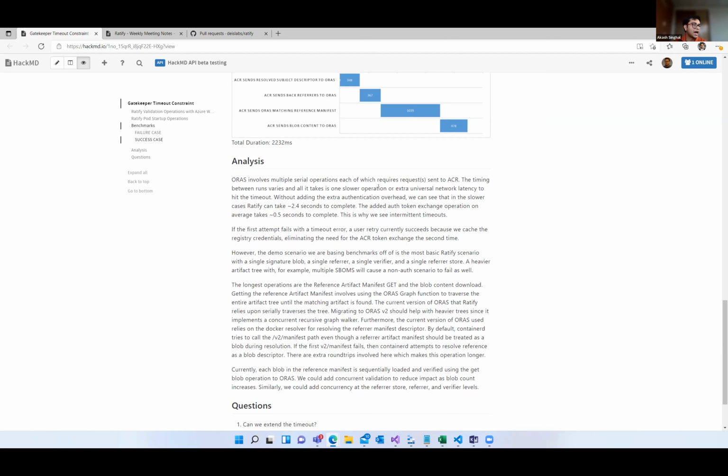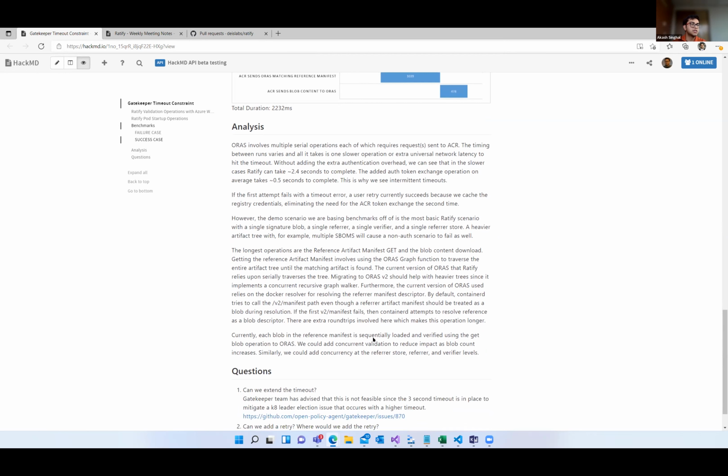Containerd has logic built in where, for any sort of descriptor resolution, it will first call the v2 manifest path to the container registry, and if that fails, which it will because the refer manifest is not considered a traditional manifest, then it will retry with the blob path, which will then succeed. So there are some extra round trips with failures happening that could account for some more latency.